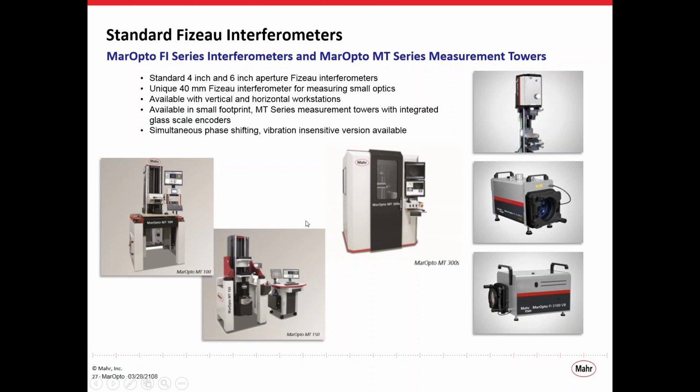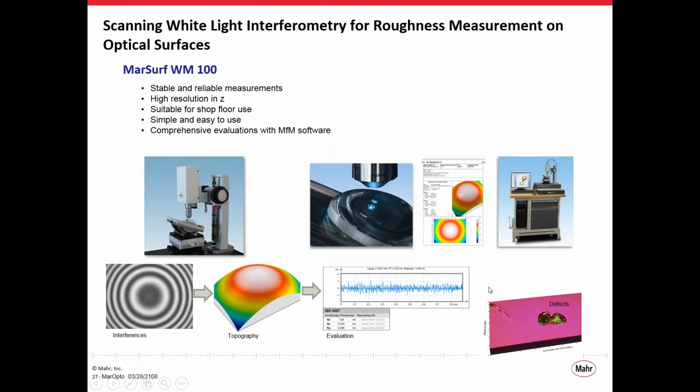These are made for shop floor, have very small footprint, and are very stable. We even offer a vibration insensitive solution that uses a patented 3-camera polarization phase shifting technique.